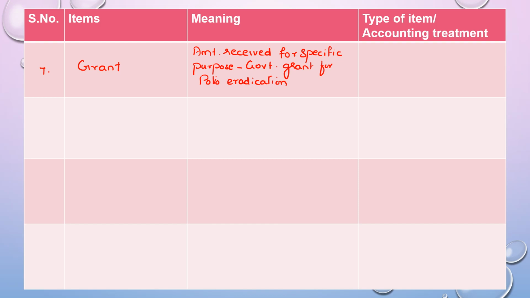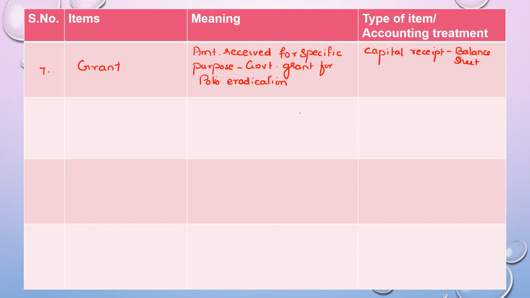So from that, what do we understand? As it is for a specific purpose, you would take it for that specified purpose only. So it is in the nature of a capital receipt and it would be shown in the balance sheet. And when it is utilized, it would go out of the balance sheet.